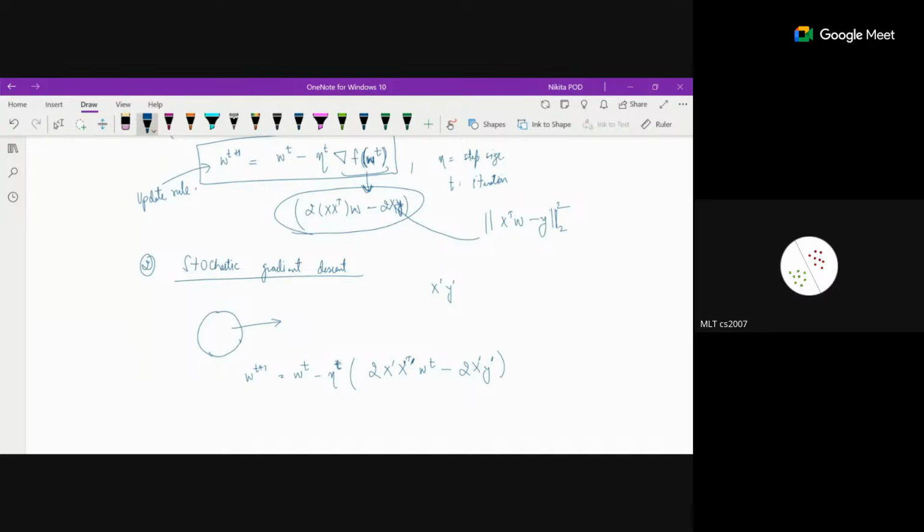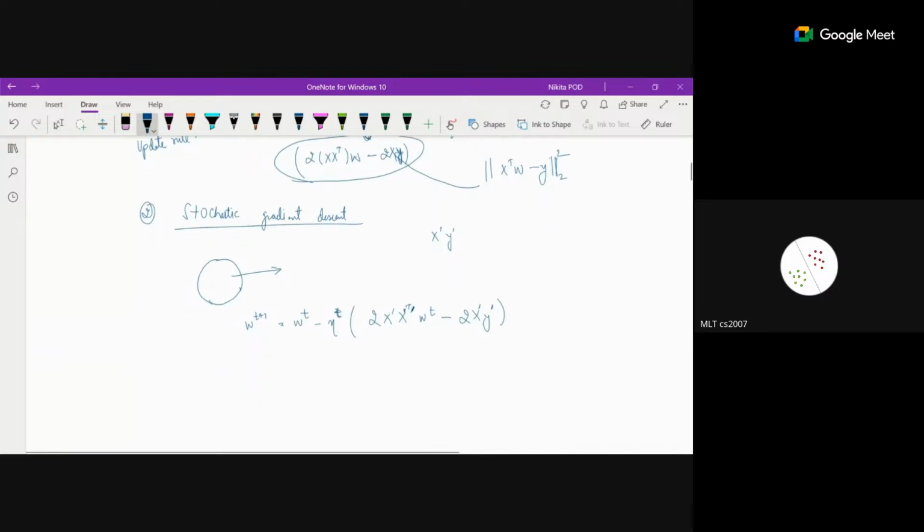You do it for different samples, let's say for T different batches. At the end, every W that we obtain, we take an average of all these Ws.